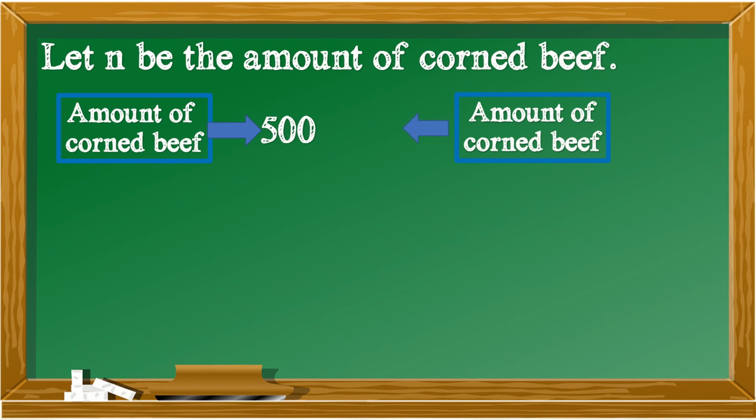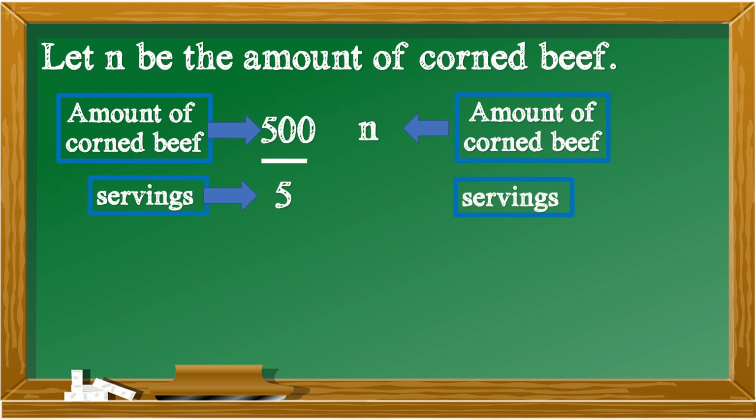So, let that number be n. And then the servings, the first servings mentioned is 5, and the second servings mentioned is 8. We now have the proportion. 500 is to 5 is equal to n is to 8.